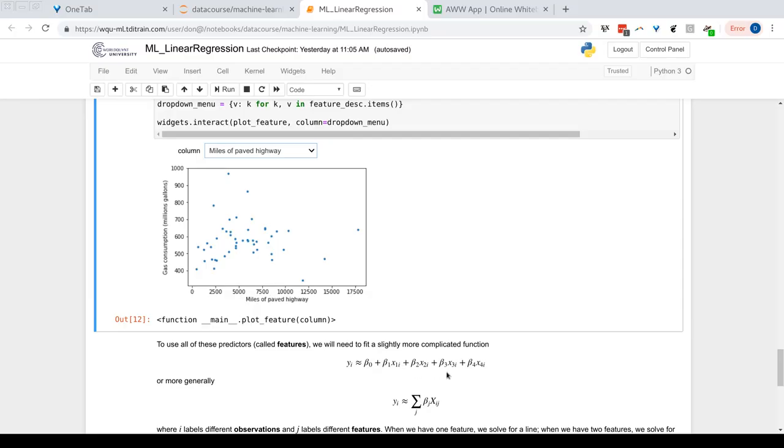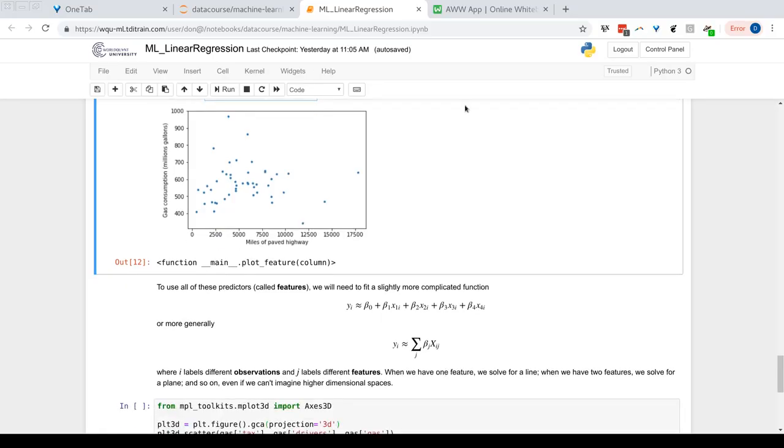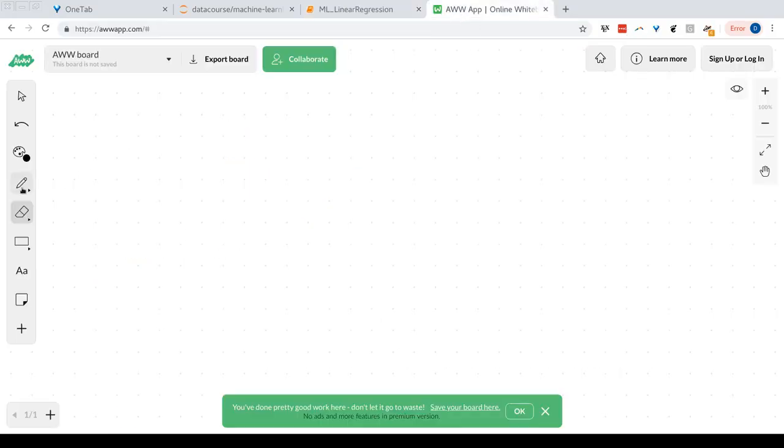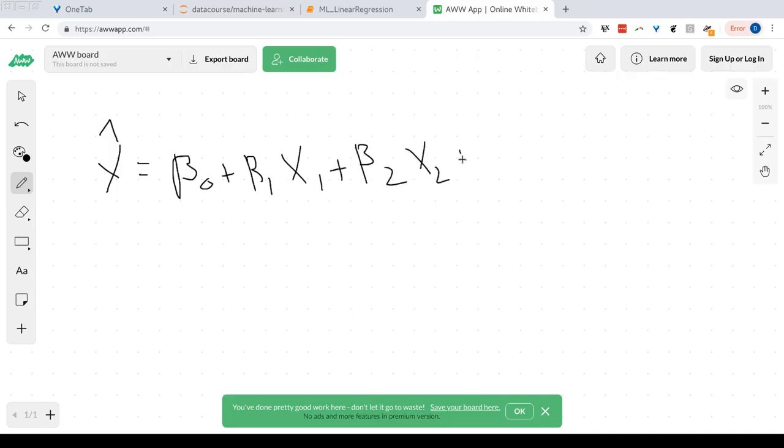Notice all our four features have an associated beta coefficient. Let me just sketch it out right here. In general, we can say y hat, what we're trying to predict, is beta naught plus beta 1 x1 plus beta 2 x2, and so forth up to the number of features we have. So let's say we have p features.